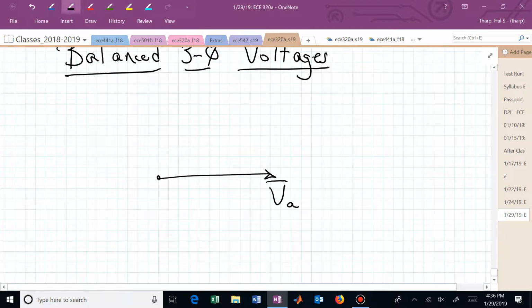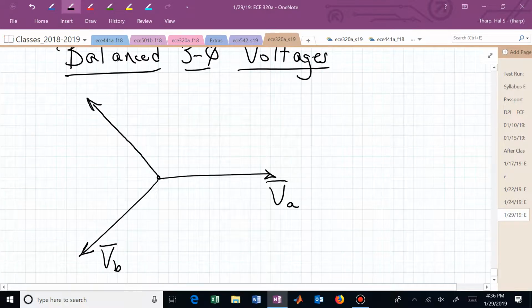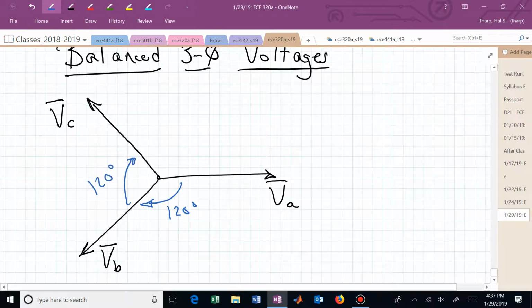We have a V sub B, and you can make these more accurate if you want, but I'm going to be just quick, so they may not be quite as accurate as they need to be. And then this is the C phase voltage, where all of these are now, since it's balanced, 120 degrees apart.